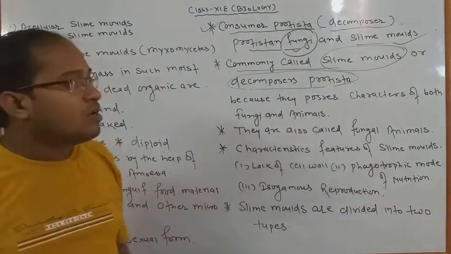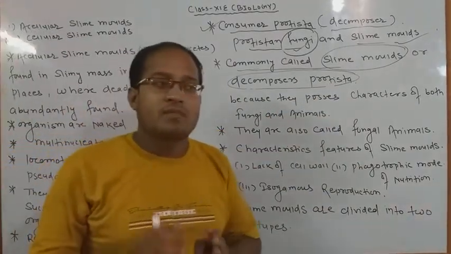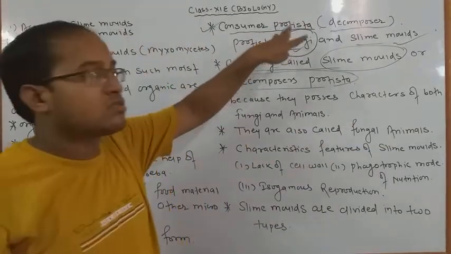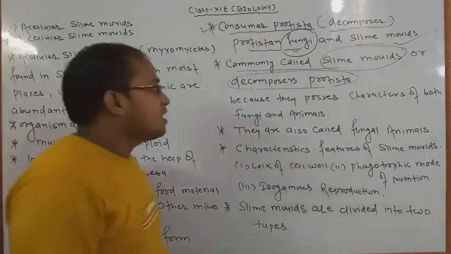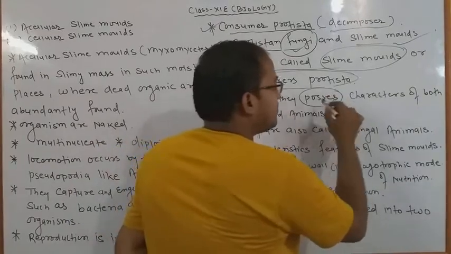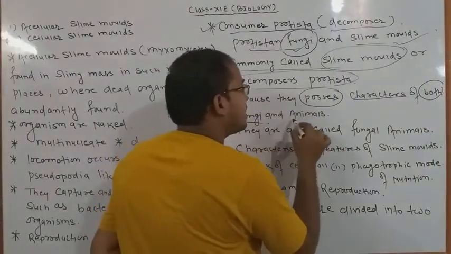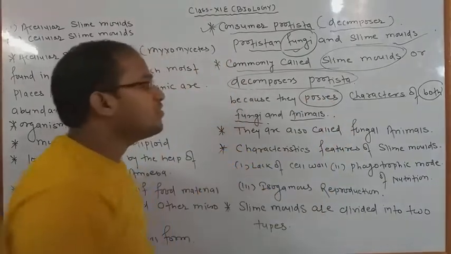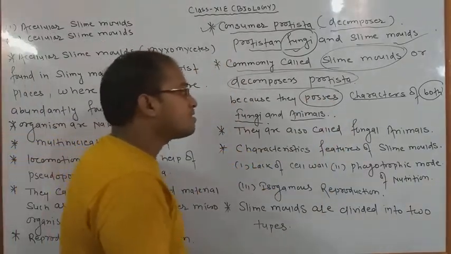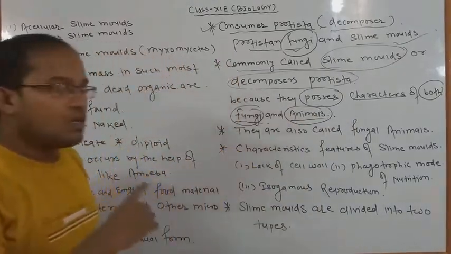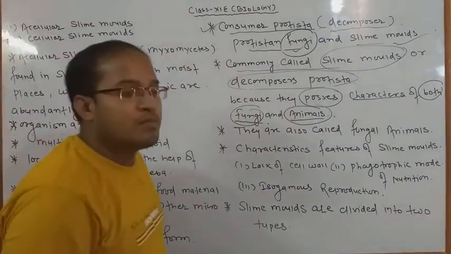Now we are going to discuss several characteristic features of Protista according to the consumers. They possess characters of both plants, like fungi, and animals. इनके जो features होते हैं which may resemble the fungi and animals, इनके जो features हैं mostly fungi से और animals से मिलते जुलते हैं.